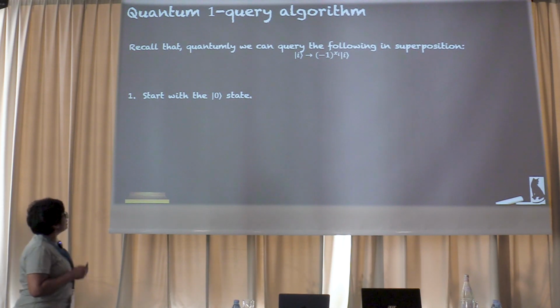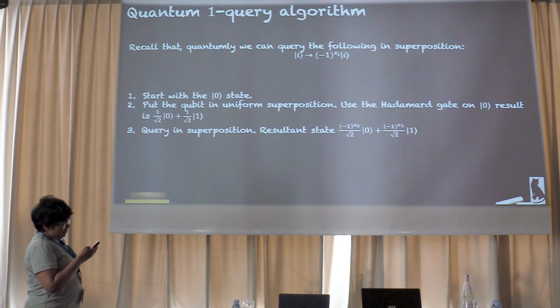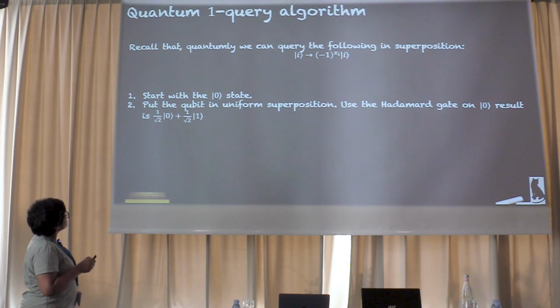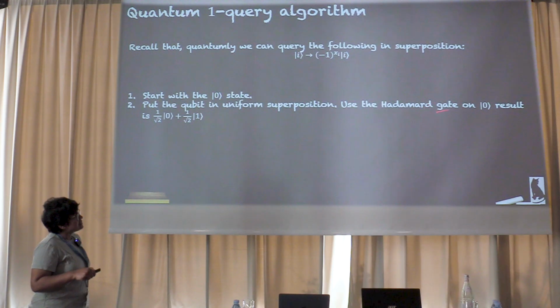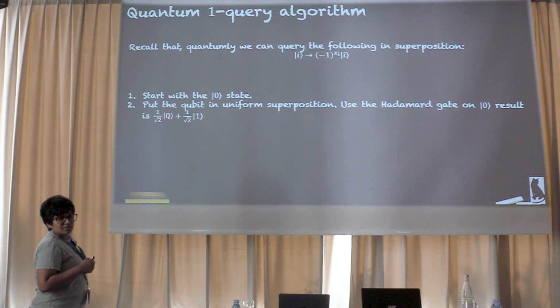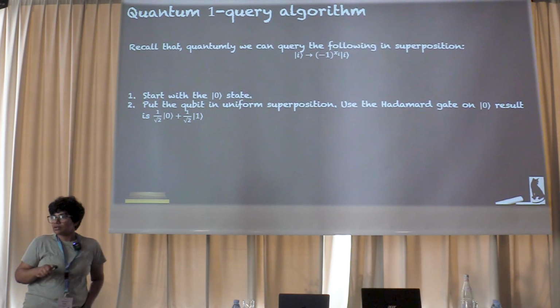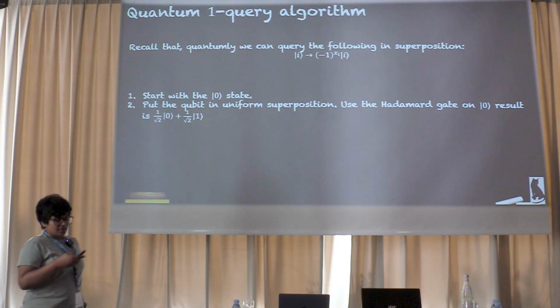It's fine, it's allowed. Now I put this qubit in uniform superposition. How do I do that? I just apply my Hadamard gate on this 0, and I get a uniform superposition of 0 and 1. All good till now? Okay.